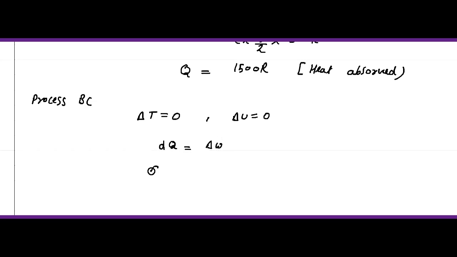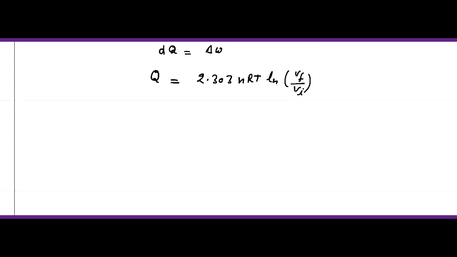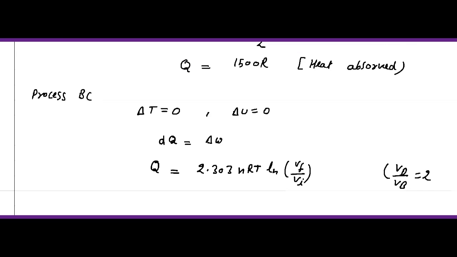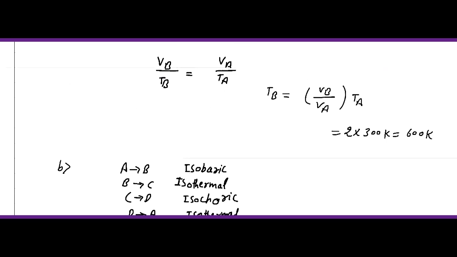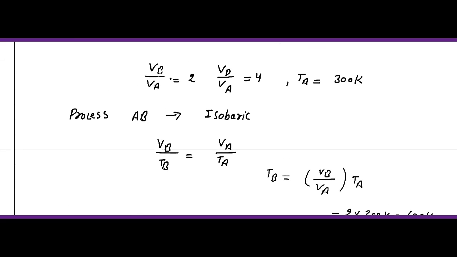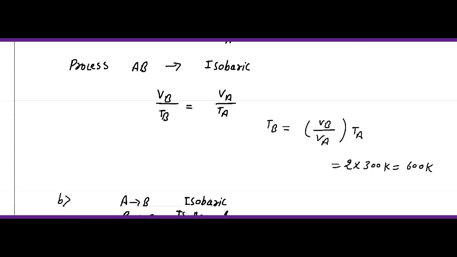So here heat energy Q we find: 2.303 nRT log of volume final over initial, that is VC upon VB, which in the question is given as 2.